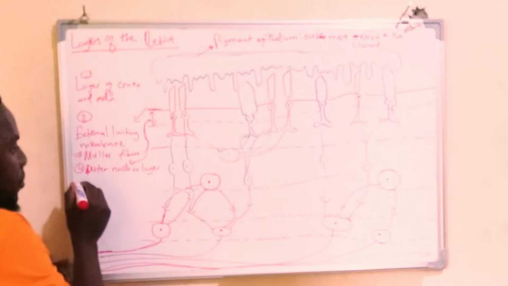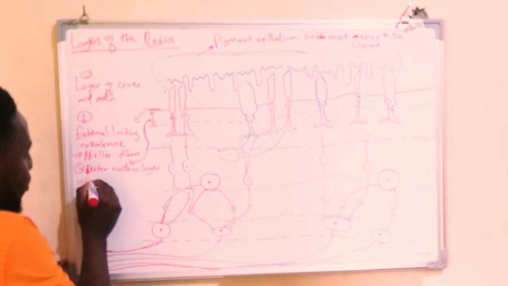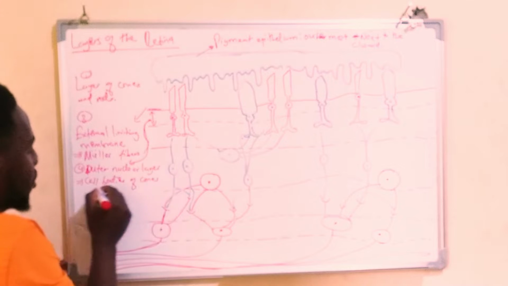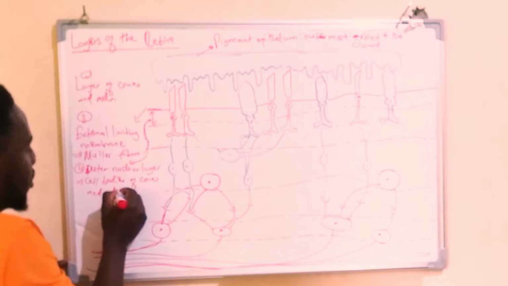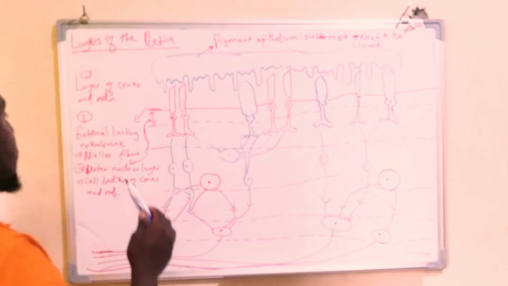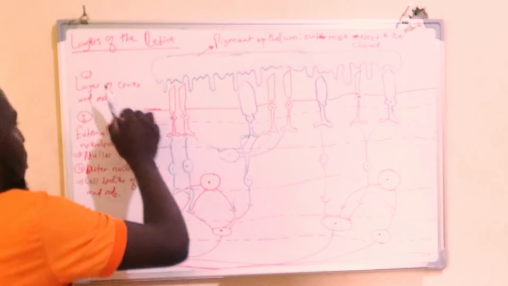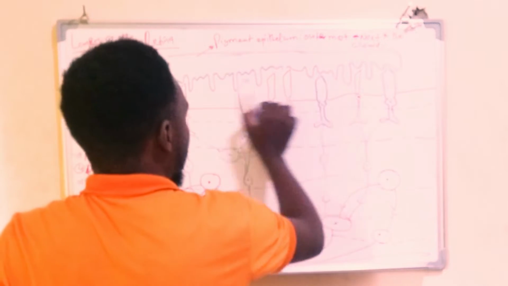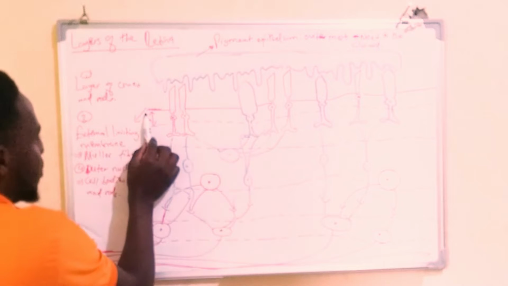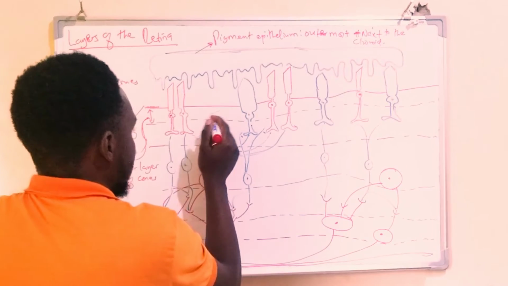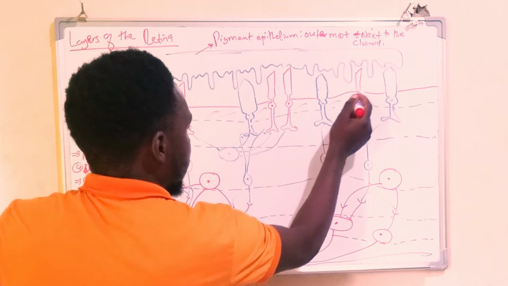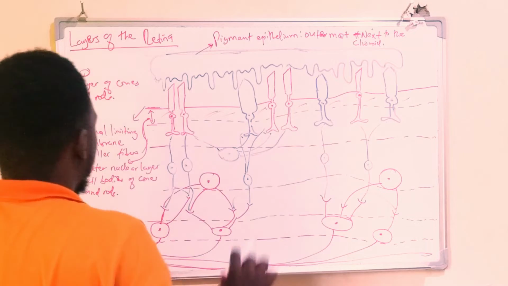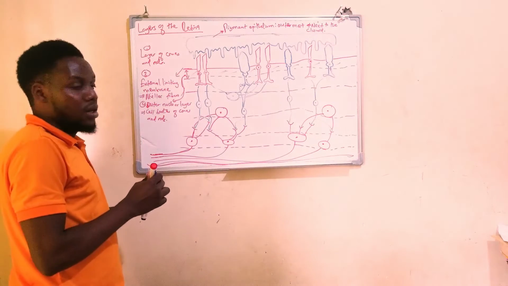It is made up of cell bodies of cones and rods just beneath the external limiting membrane. So you have the pigment epithelium, the first layer, then the second layer, the layer of cones and rods, then the third, and here you can see only cell bodies present. So there are cell bodies of cones and rods in the outer nuclear layer.